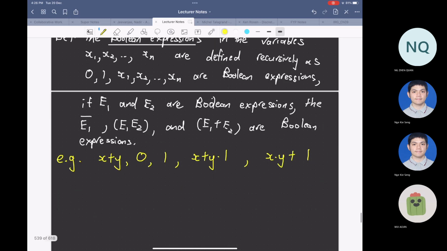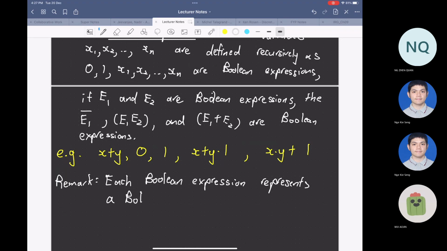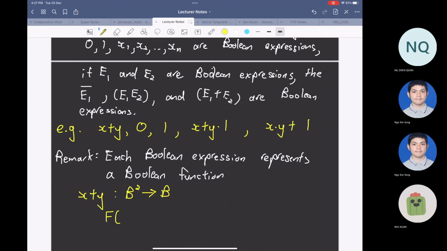So let me put a remark first and then I will say more. So each Boolean expression represents a Boolean function. Okay. So for example, x plus y is actually a function from B^2 to B. Okay, because we can write it as f(x,y) equal to x plus y.